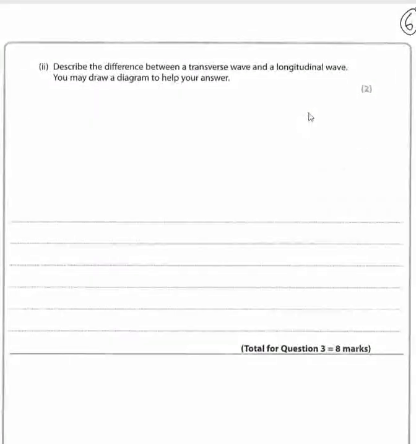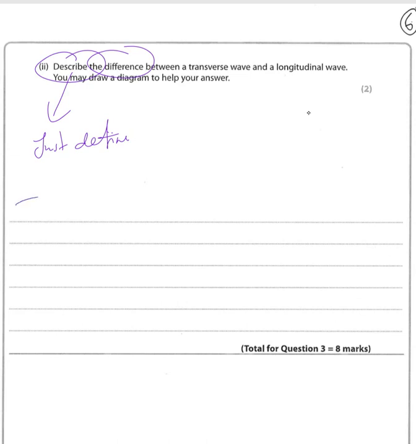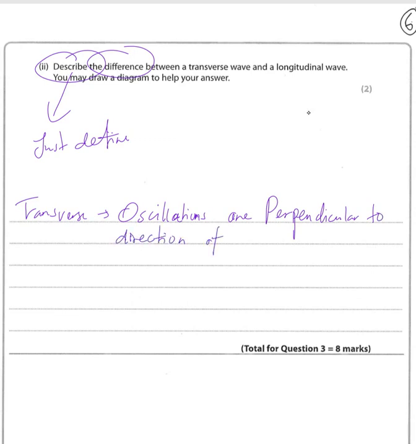Good. Now, whenever we have to describe the difference, we are talking about just defining them. So transverse: oscillations are perpendicular to direction of energy transfer.